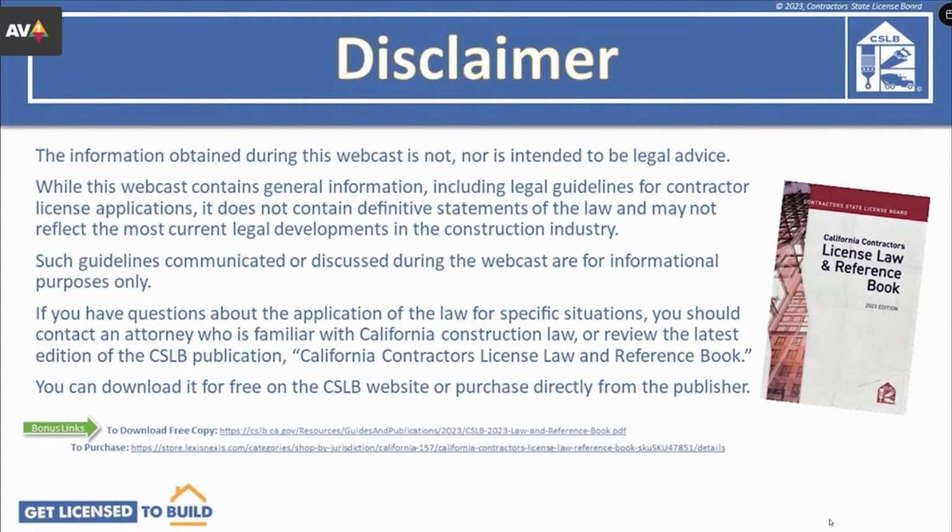If you have questions about the application of the law for specific situations, you should contact an attorney who is familiar with California construction law or review the latest edition of the CSLB publication, California Contractors License Law and Reference Book. You could download it for free on the CSLB website or purchase it directly from the publisher, LexisNexis. There are links for both at the bottom of the screen.